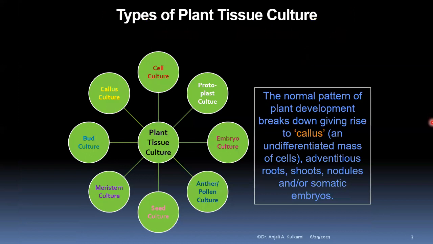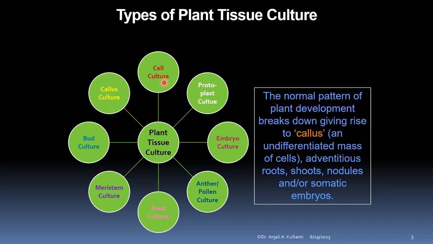I am directly now jumping into the various types of tissue cultures that are there, and I will be concentrating mostly on the callus culture and the cell culture, because these are the two techniques which have given us the maximum important secondary metabolites that are being produced under in vitro conditions.